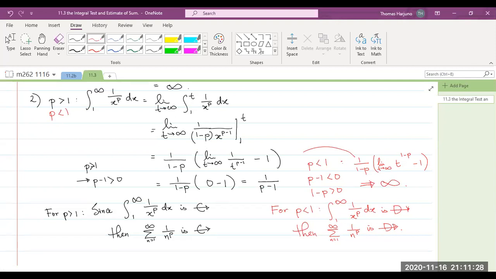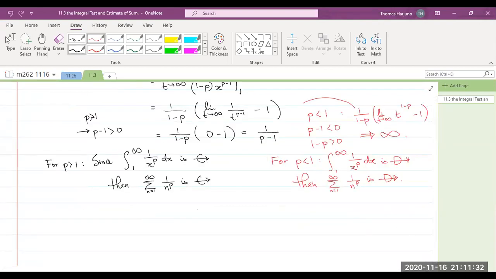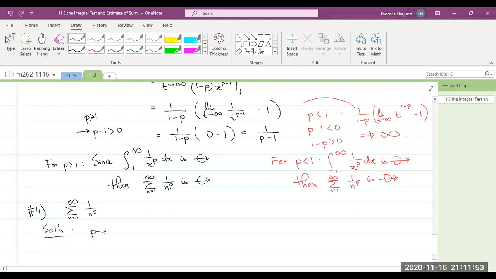Okay, now let's do this kind of problem first. Let's say, for example, I pick question number 4. The summation from n equals 1 to infinity of 1 over n to the 5th. Well, this is the solution. This is a P series. Once you identify that it's a P series, what is the P?